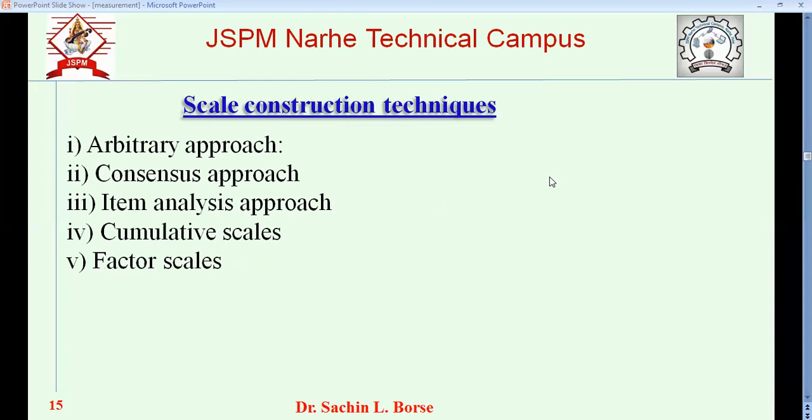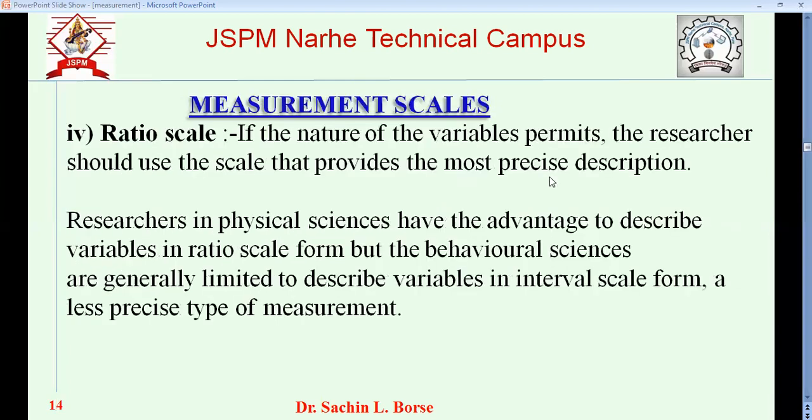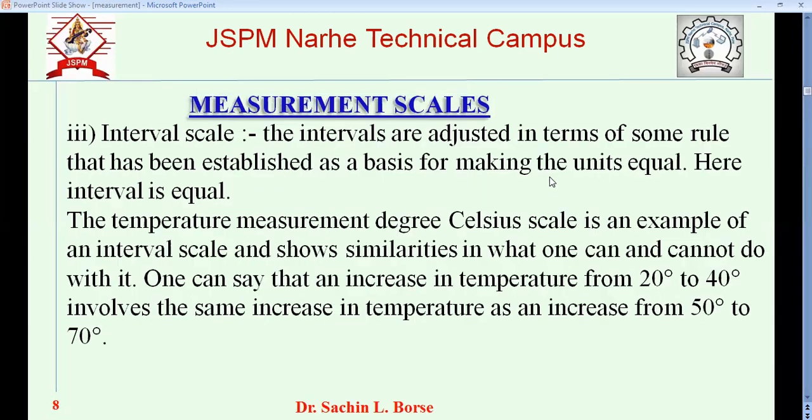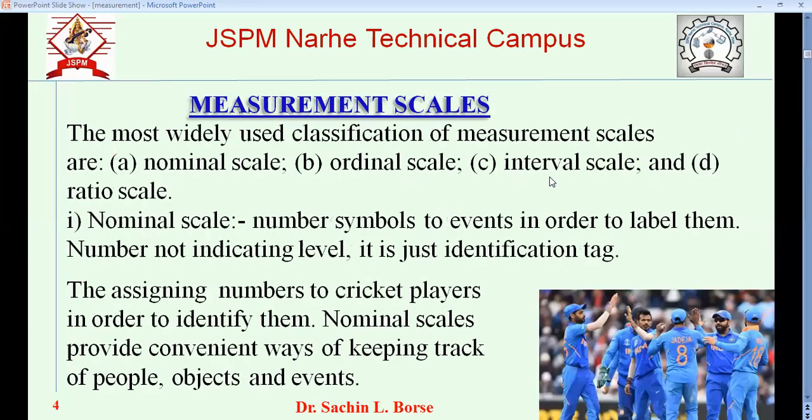Any example of where we use nominal or ordinal scale in research? I have already given it. Nominal scale means it is just a tag.